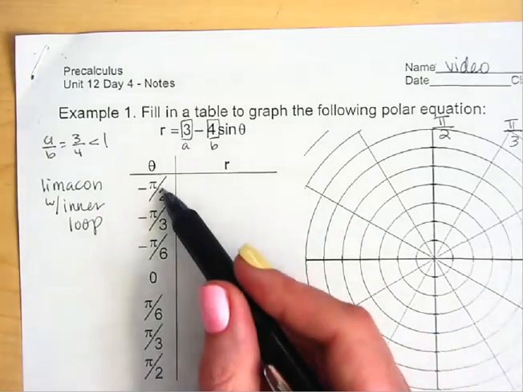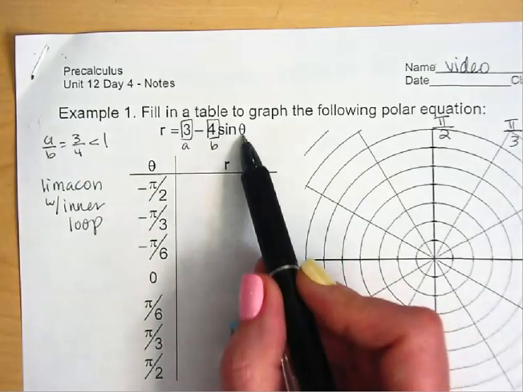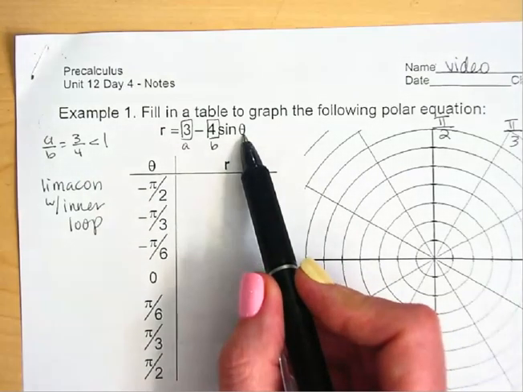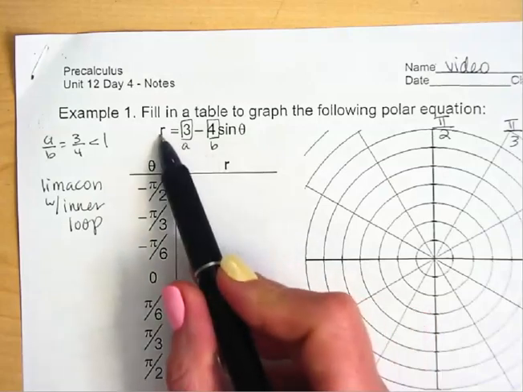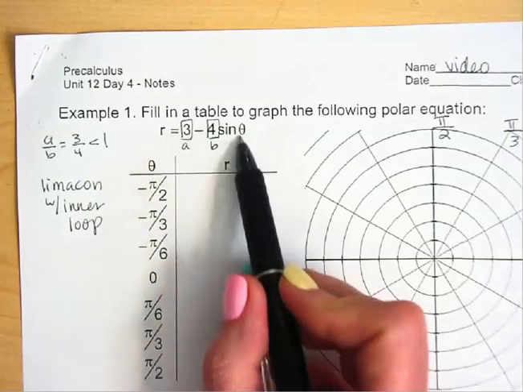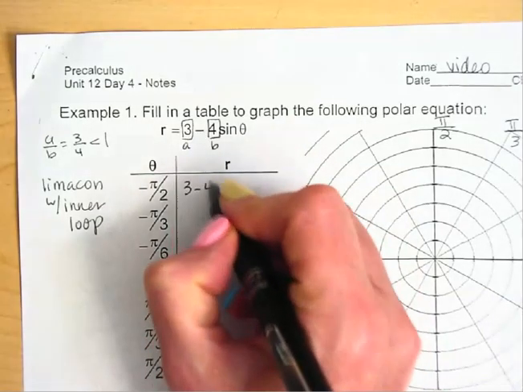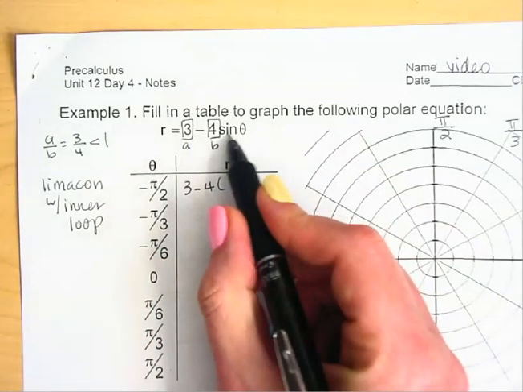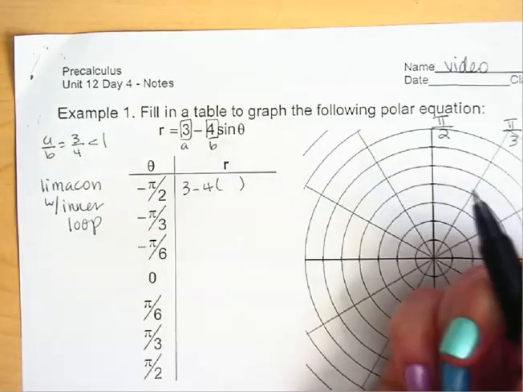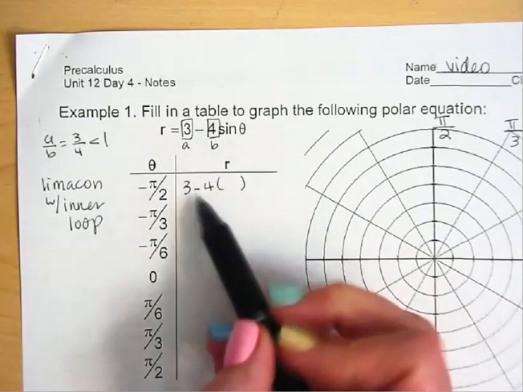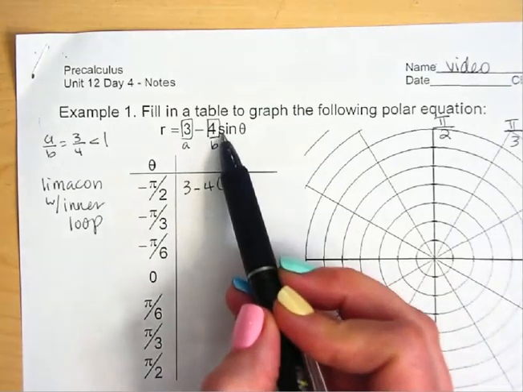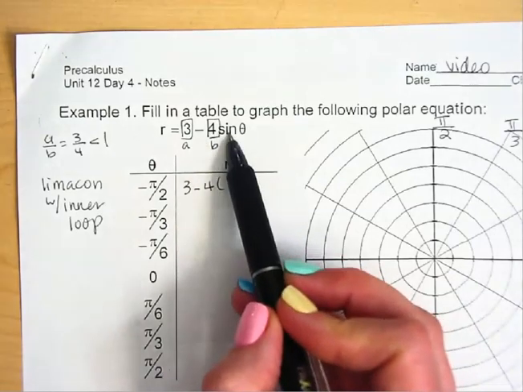So I'm going to take each of these thetas individually and plug it into my equation here for theta. So to find the r value for when theta is -π/2, I'm going to have 3 minus 4 times whatever sine of -π/2 is. So there's my 3 minus 4 times sine of -π/2.